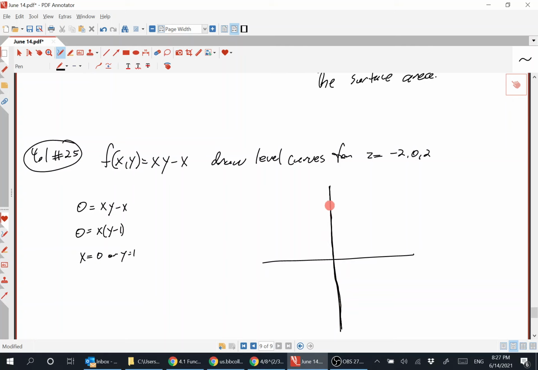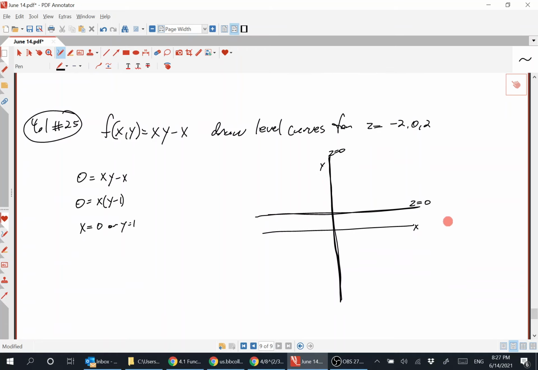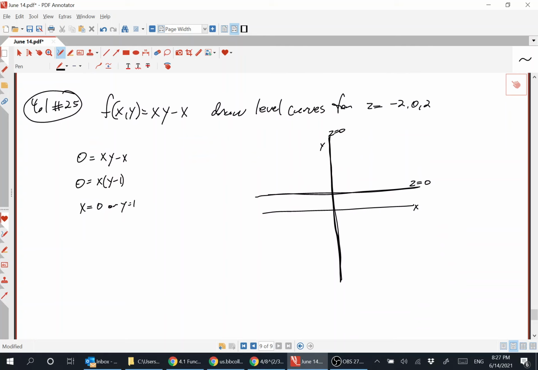Or y equal to 1. And that would be this line right here. So this is the level curve for z equal to 0. The y-axis and this line. This is the x-axis and the y-axis here. I don't like the fact that it's on the y-axis itself, but that's what it's got here.